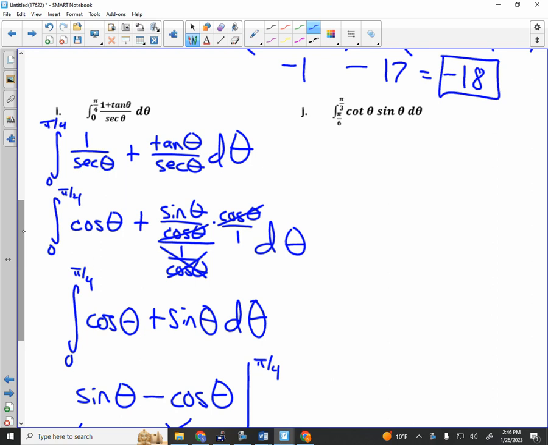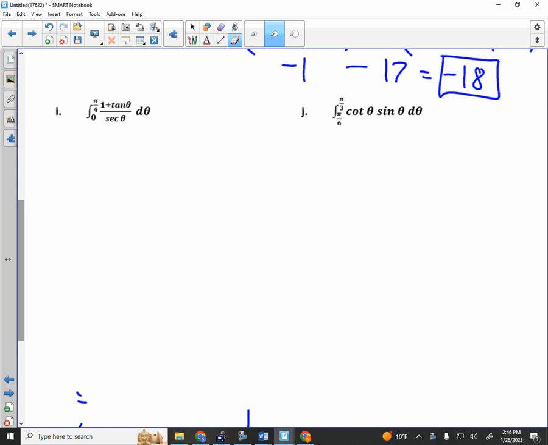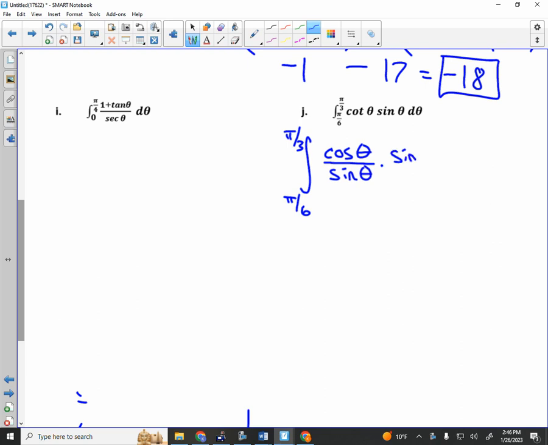The last example we have here, the antiderivative of cotangent times sine. Now, as we look at this antiderivative, we check it out here. The integral from pi over 6 to pi over 3, and I can rewrite this as cosine of theta over sine of theta times sine of theta over 1 d theta.